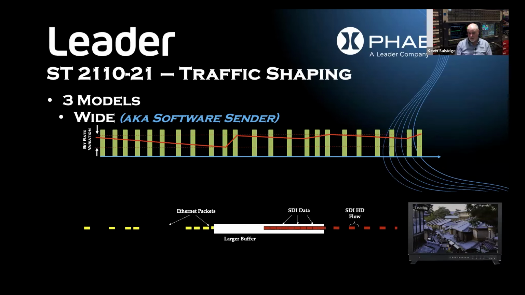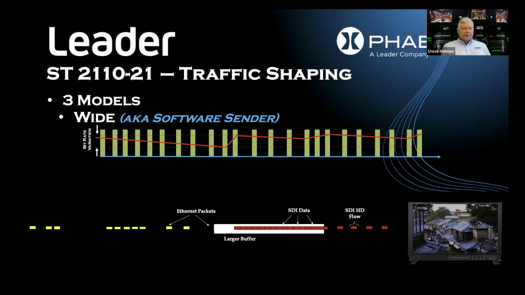And obviously this is one of the big advantages of moving into the world of IP and 2110, that rather than having to replace hardware when you want to add new features and functionality, it can now be done in software. But it does mean that we've got to manage these devices because, as you can see here, the bitrate variation from a wide sender is a lot wider, which means we have to have a larger buffer.